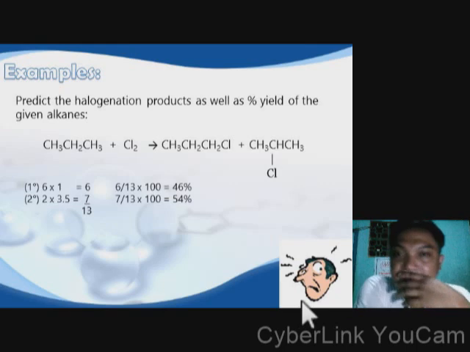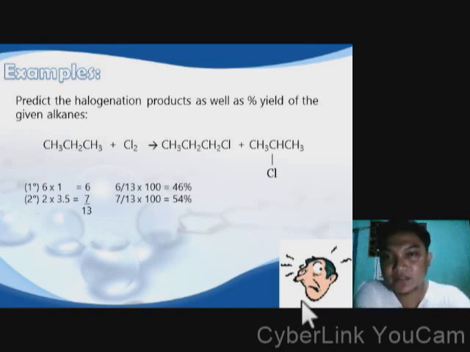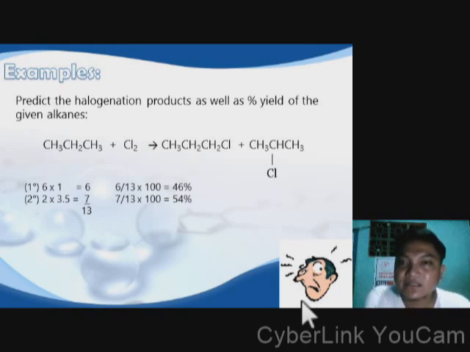Yan, 6. And then, yung secondary mo is 2. Yan lang, oh. Sa 2 secondary. Okay? So, 6/13 times 100, 46%, 54%, yielding you 100%, of course.